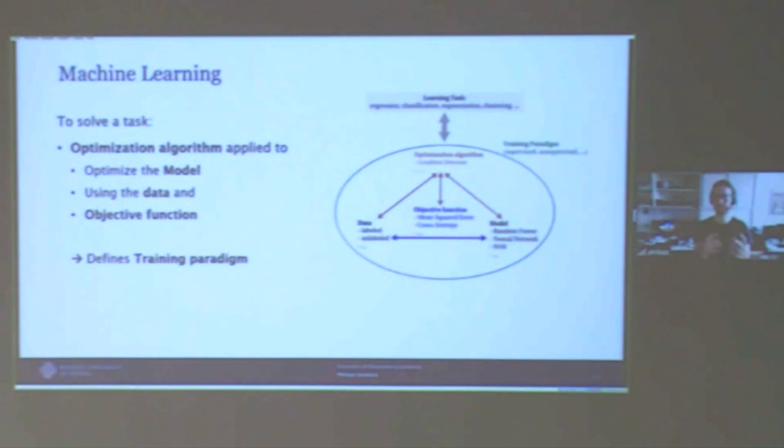We have an objective function that gives the model feedback on how well it's performing during training, and then it can optimize its parameters. And then we have the optimization algorithm that takes the error from the objective function and optimizes the models. These are the different building blocks in machine learning in general. And how we combine all these things together defines our training paradigm, or defines in the end our model or our approach.